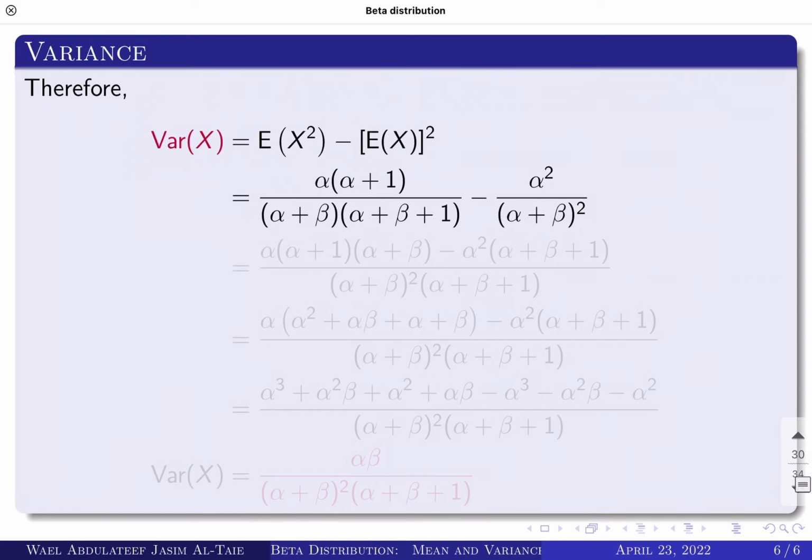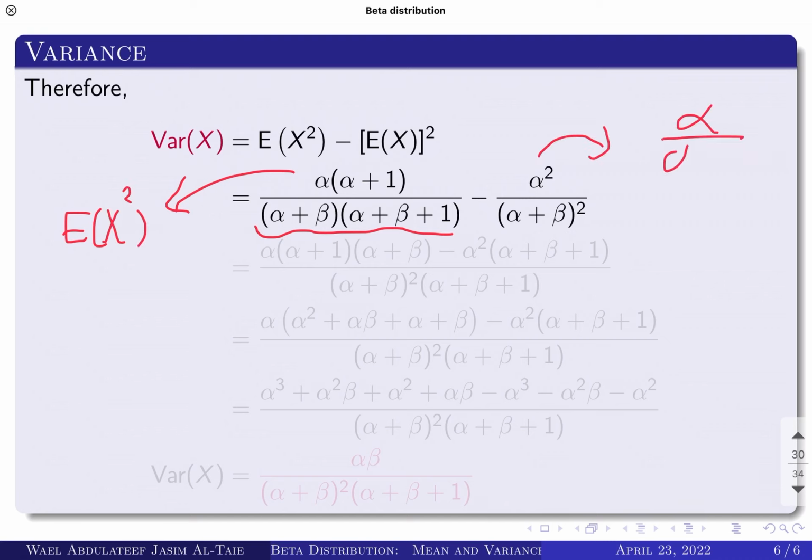This one is what we are left with from the expectation of x squared, and this one here is just alpha divided by alpha plus beta, all squared. So it's alpha squared divided by alpha plus beta squared.